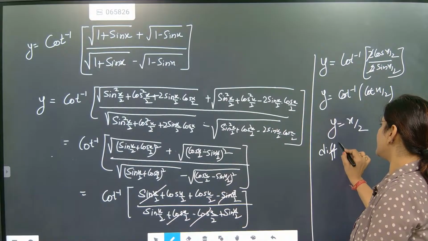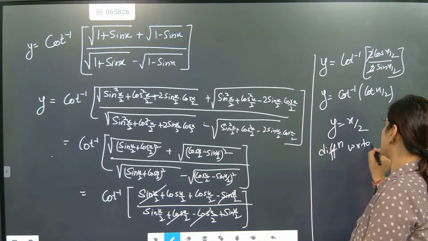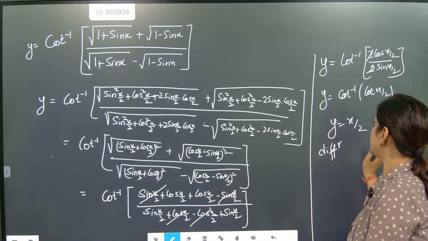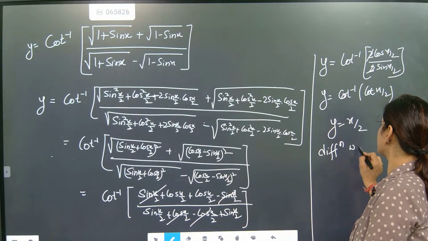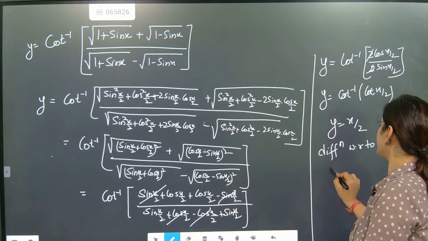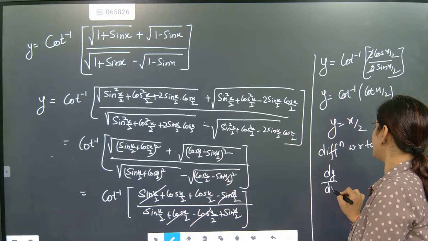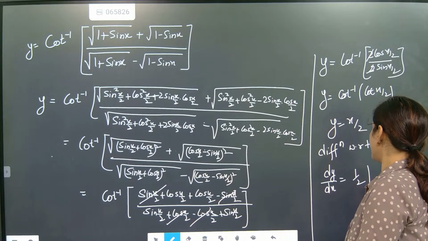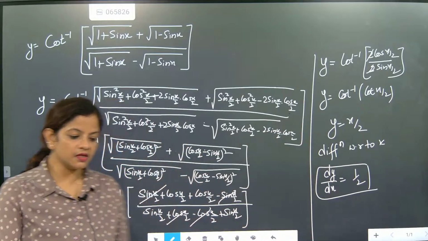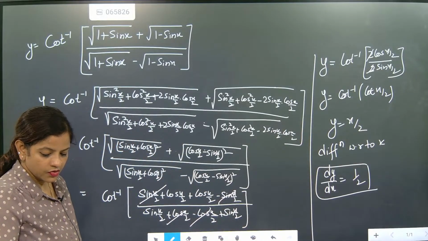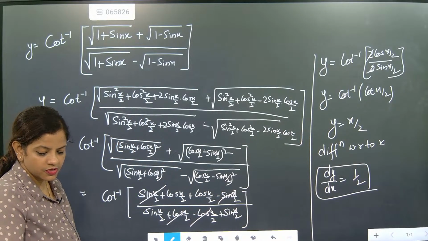Now differentiating with respect to x, dy by dx is equal to 1 by 2. I hope you might have understood here. No big deal. You can solve the questions as much as possible.